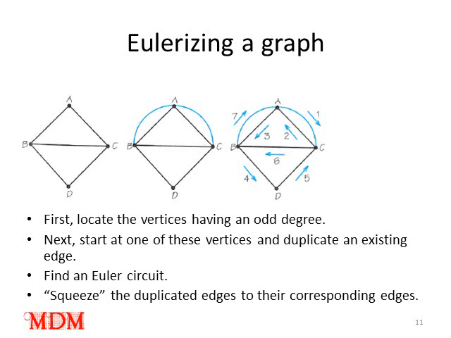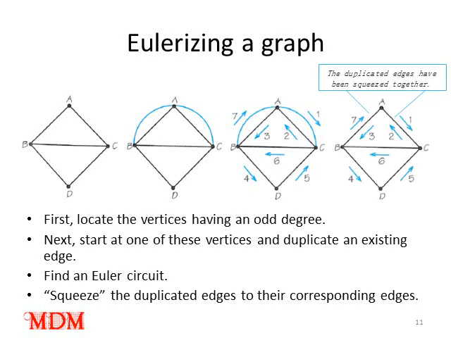Finally, we want to squeeze the duplicated edges to their corresponding edges. In other words, we're just going to indicate with the arrows the direction in which we're traveling on the existing edge. So the duplicated edges in this final diagram have been squeezed together with the existing edges that they correspond to.